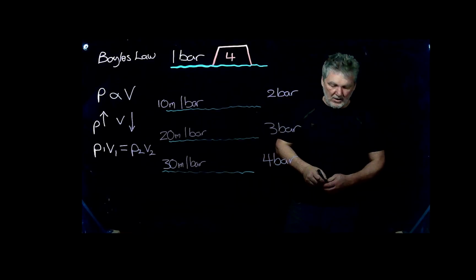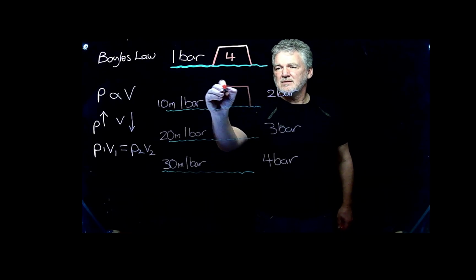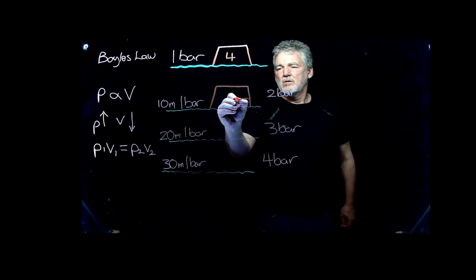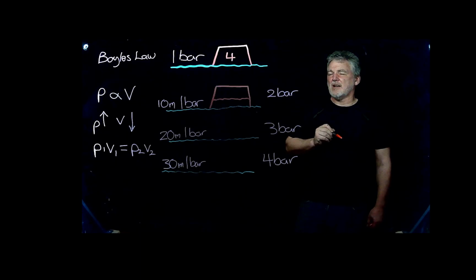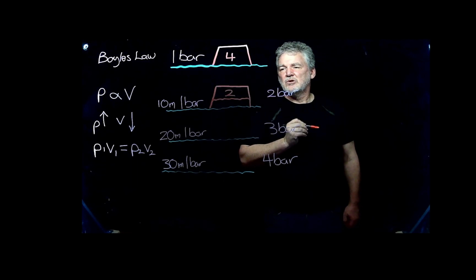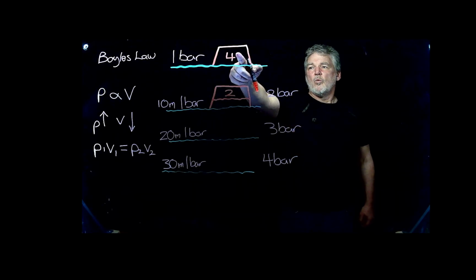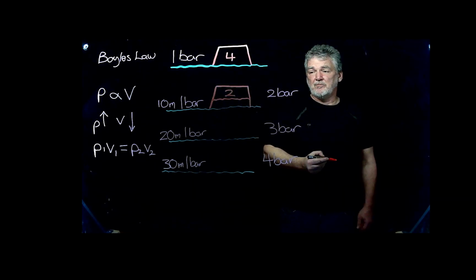As we go down underwater, the pressure is increasing. So that same bucket now, the air inside it would be compressed, and we now only have 2 liters of air in it. So while we had 1 bar of pressure, we double the pressure, we're now halving the volume.